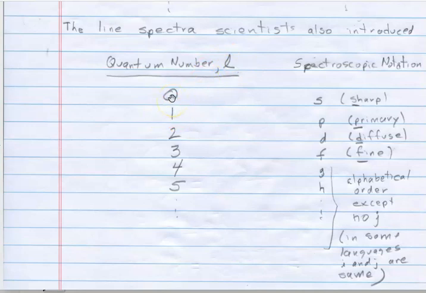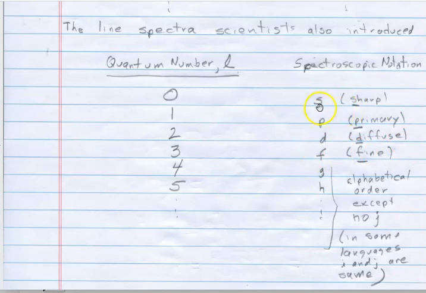It depends on n, but ultimately the lowest is 0 and it goes on up from there. The early line spectra scientists had put together a convention of labeling spectral lines based on a slightly different notation, namely S, P, D, F, etc. They really just did the first 4.